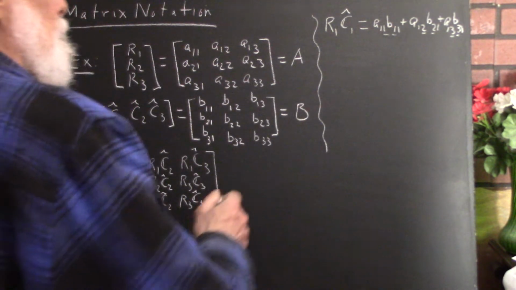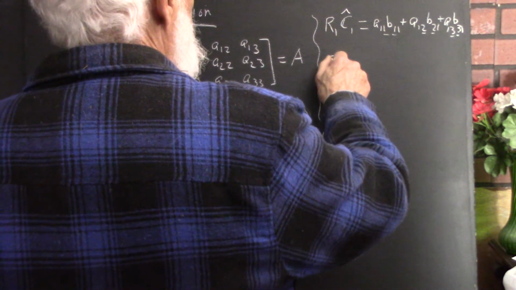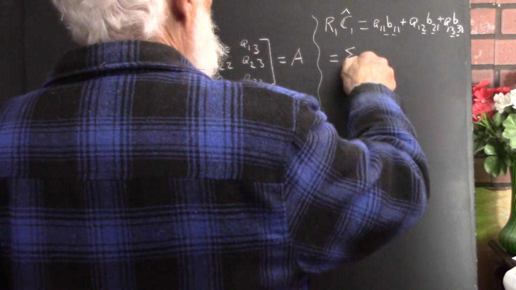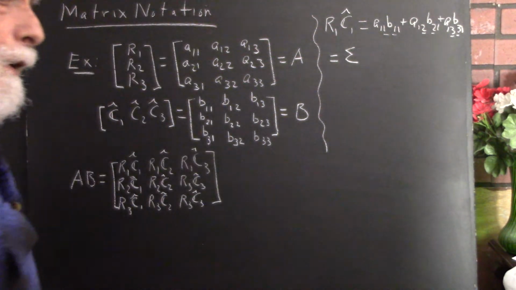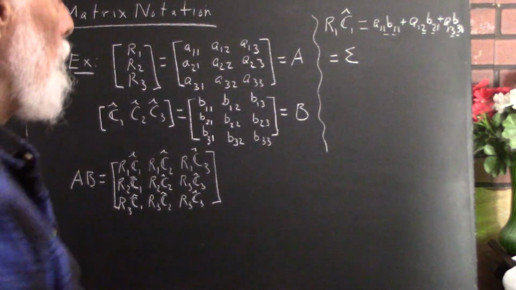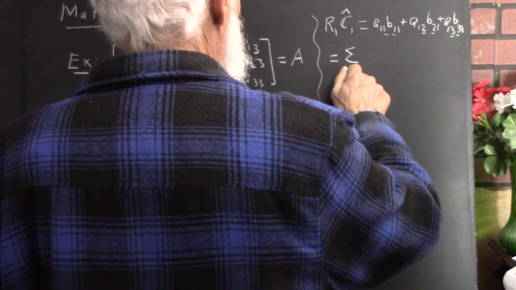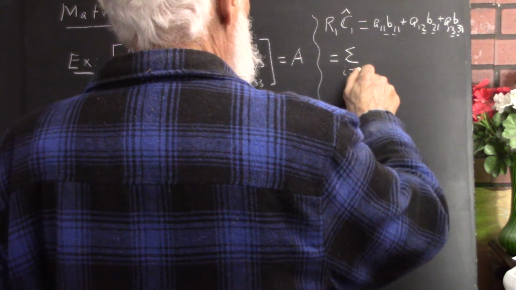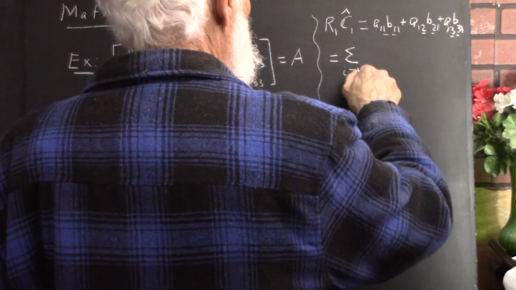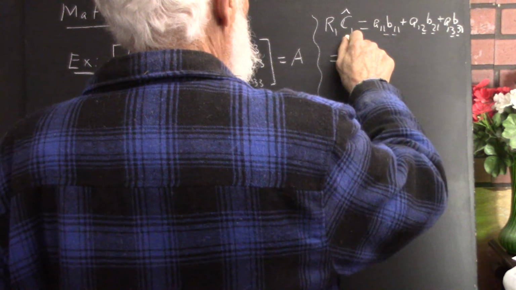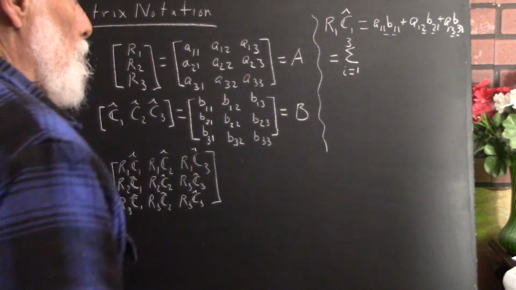We could write this in summation notation. Again, notation you might not be totally familiar with, especially at the beginning of the course. Hopefully you are. We're going to call this the sum from I equals 1 to 3 of what?